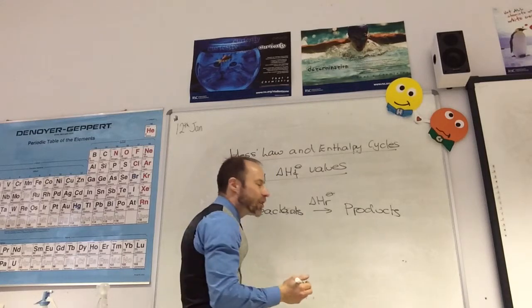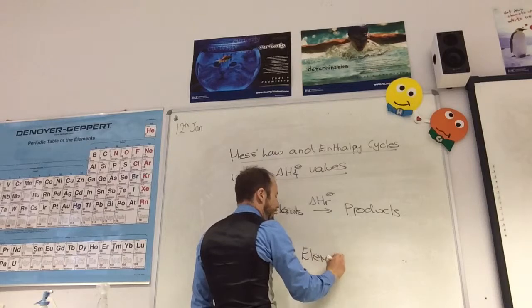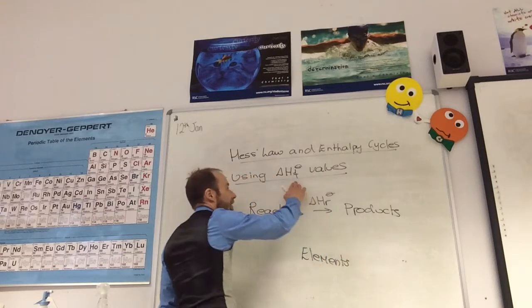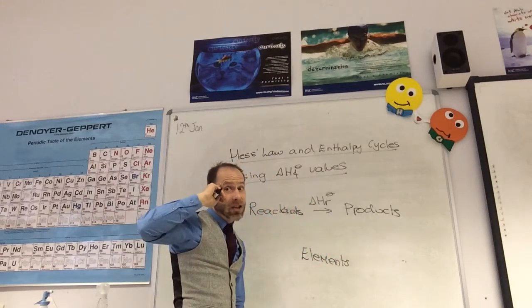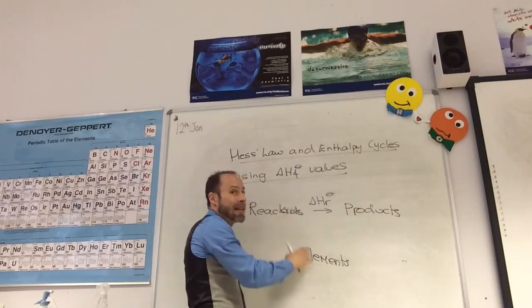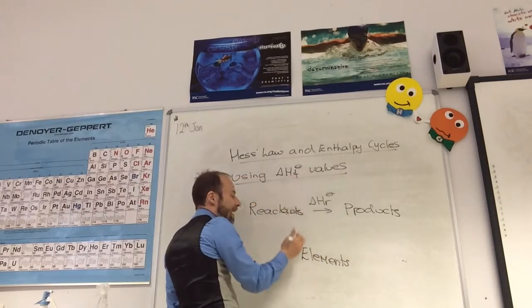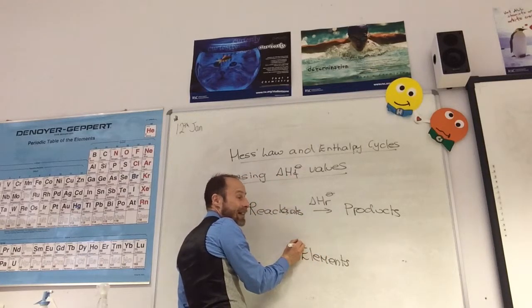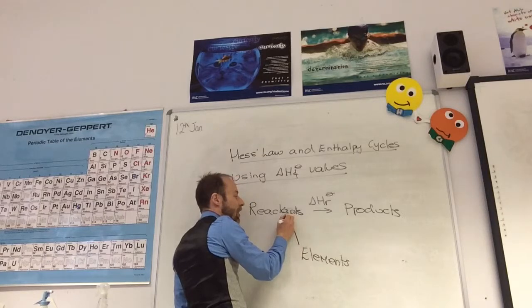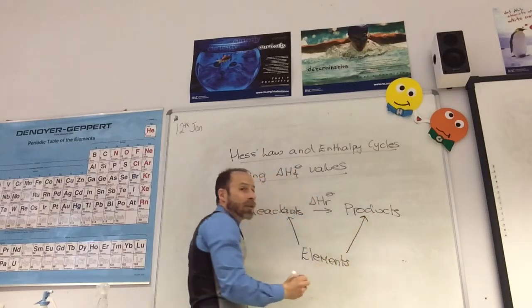However, I do know, because I can look these up in the book, the delta HF values. Remember, delta HF, formation, taking the elements and making things. So delta HF values are going to tell me elements going to reactants and elements going to products.